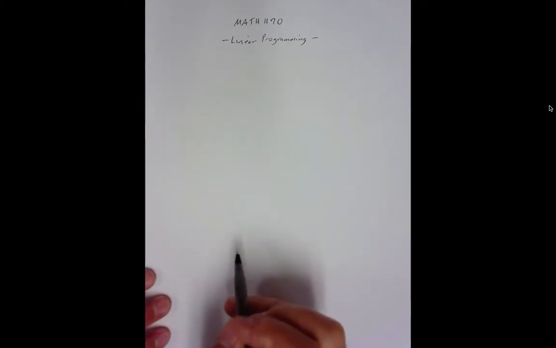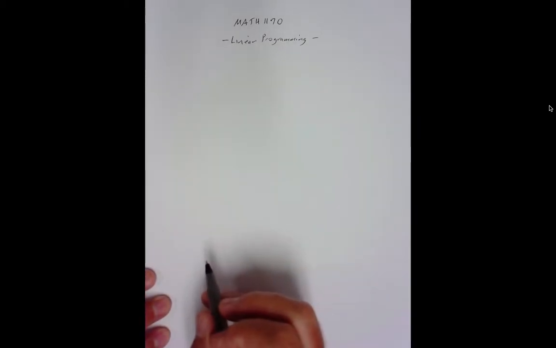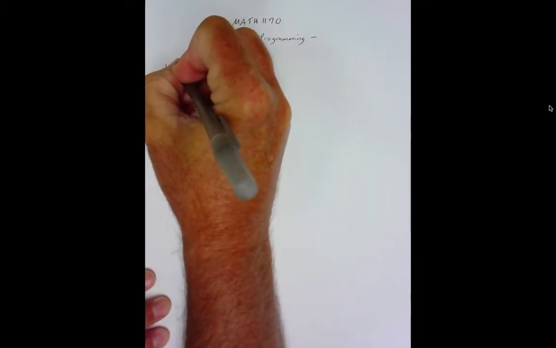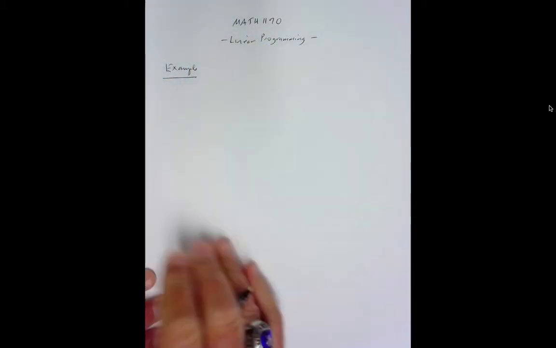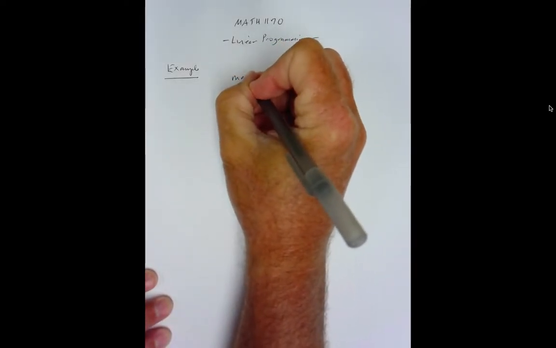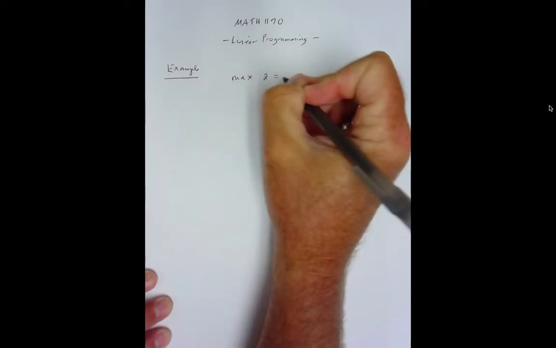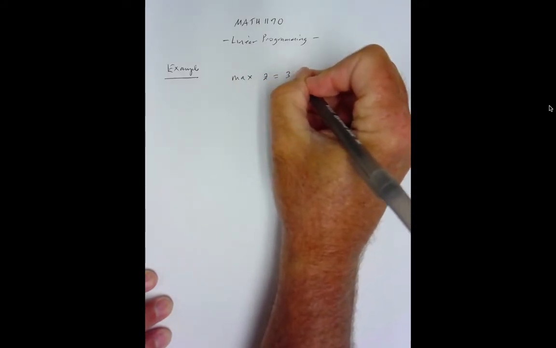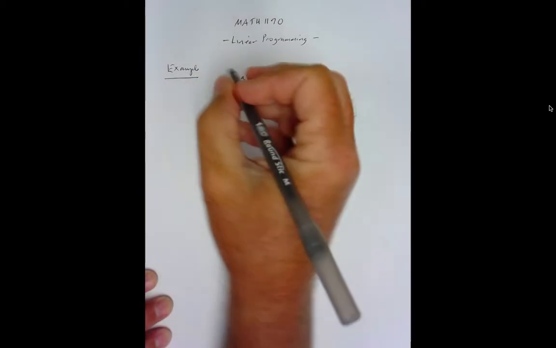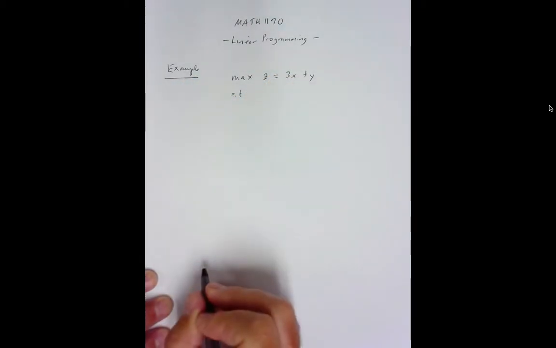So let me show you how easy these things may be with an example. Let's say that we want to maximize the objective function z equals 3x plus y. This is going to be subject to certain constraints, as always.